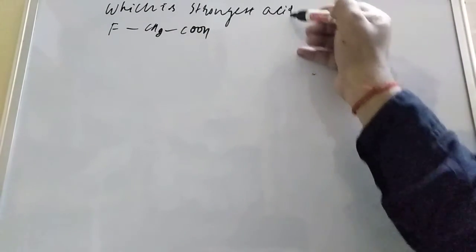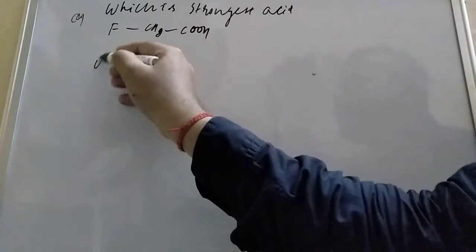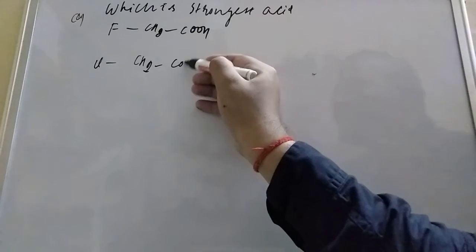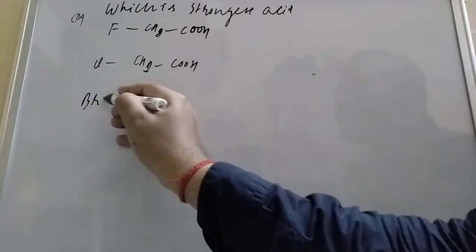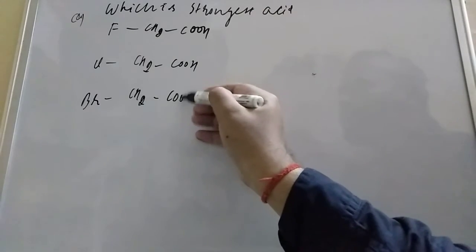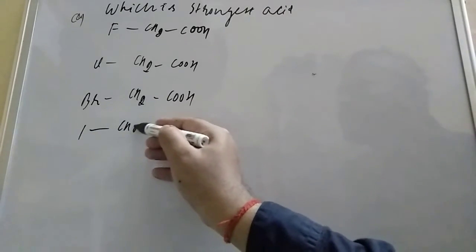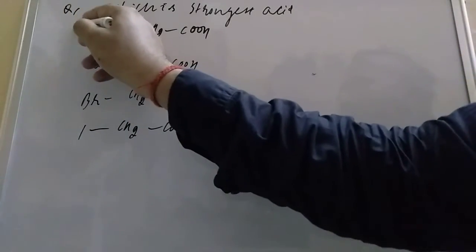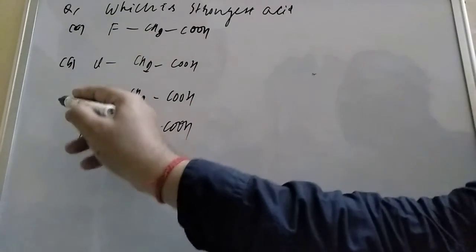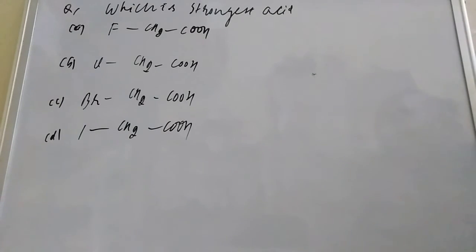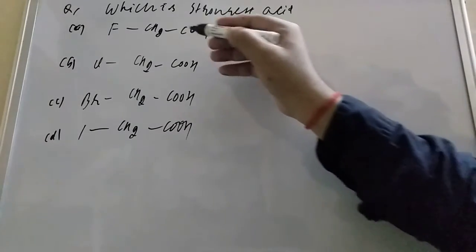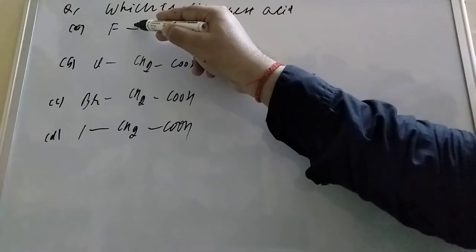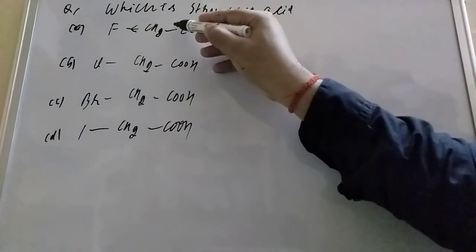That is the question, with options A, B, C and D. We have to find the strongest acid. Which one will pull the electron easily? Fluorine is the most electronegative atom, so this will pull the electron.